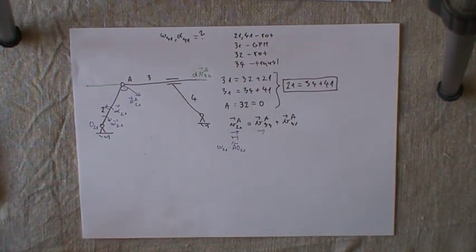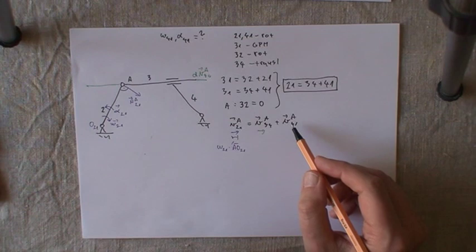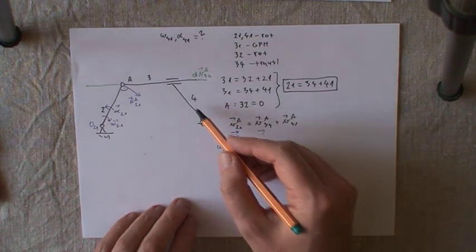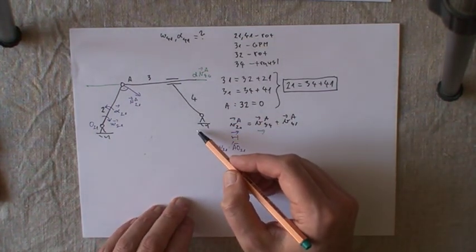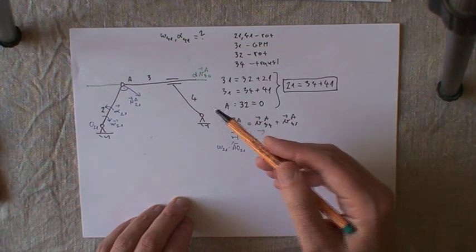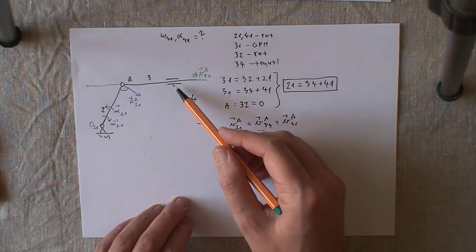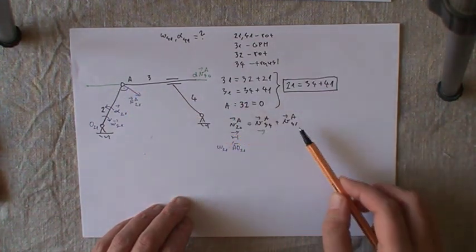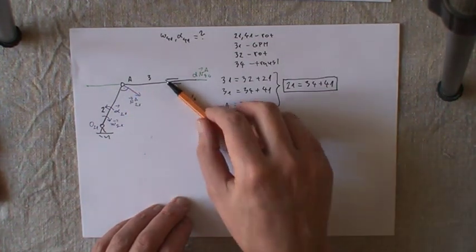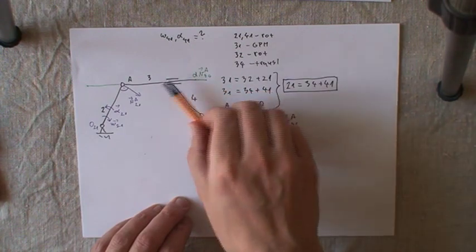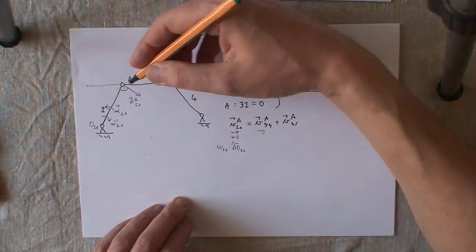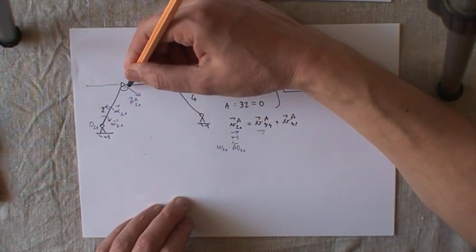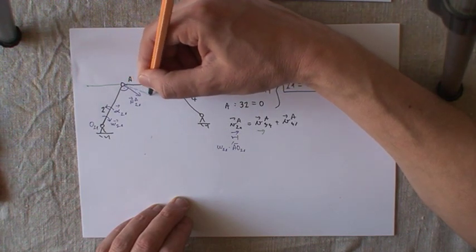And 4,1, now this one might be a tricky one because this is the motion of body number 4 with respect to the frame in point A. Now point A is not directly on this body, it's here. But still, motion for 1 is rotation. So it doesn't really matter where the point is because the direction is always on the tangent, right?